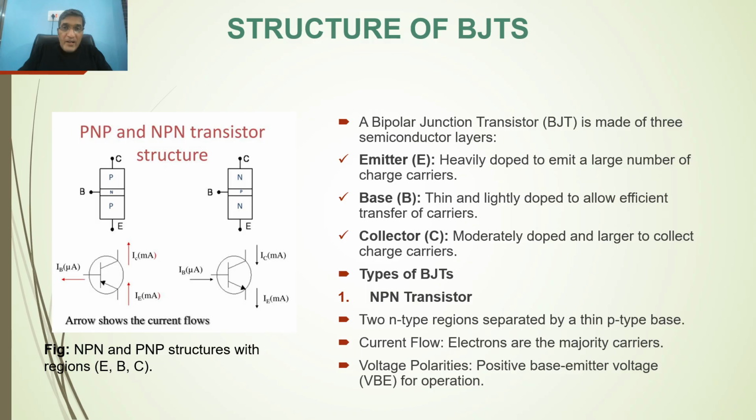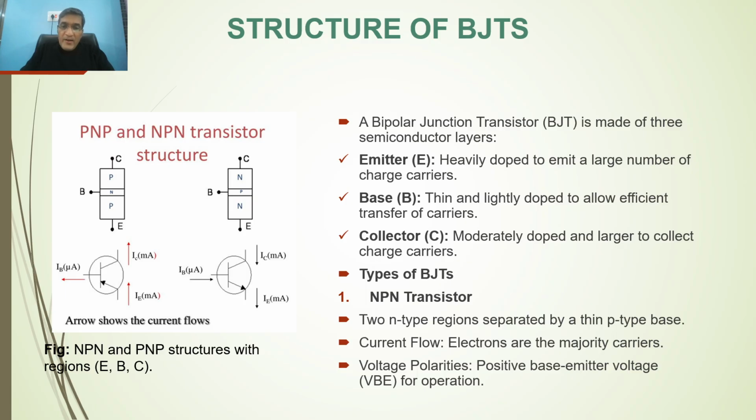These slides are regarding the structure of BJT. As we know very well, the emitter is a region whose role is to emit the charge carrier. So we have to make the emitter heavily doped, and this is the beauty of the semiconductor. If we make a semiconductor heavily doped, the conductivity increases very largely, which helps to emit the charge carrier.